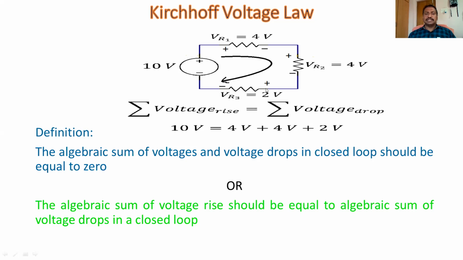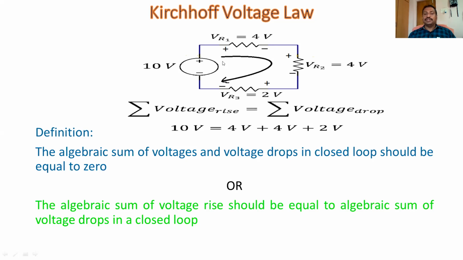Before we go into that, we should know how we place the positive and negative signs. Where the current enters an element, that side of the element should be considered positive. Where the current leaves, that side should be considered negative.